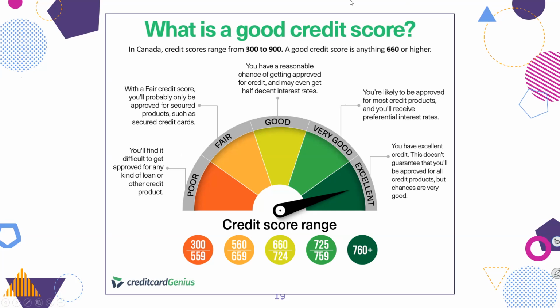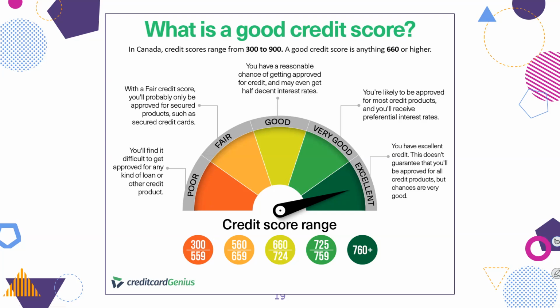So you can see on this chart, if you have a poor score, so your credit score is between 300 and 559, then you'll find it difficult to get approved for any kind of loan or credit card or anything like that, because your score is saying that there's no proof that you are good at paying back your credit.